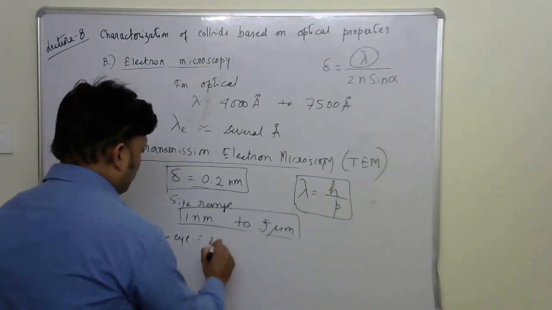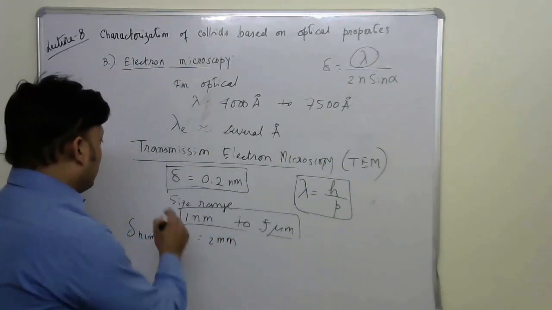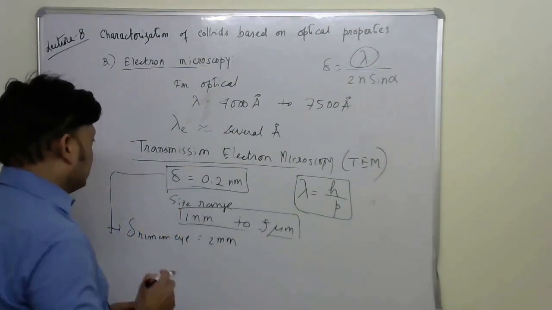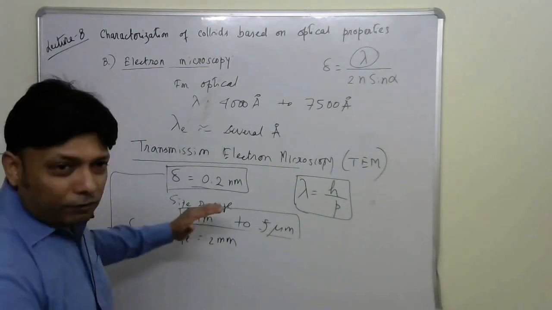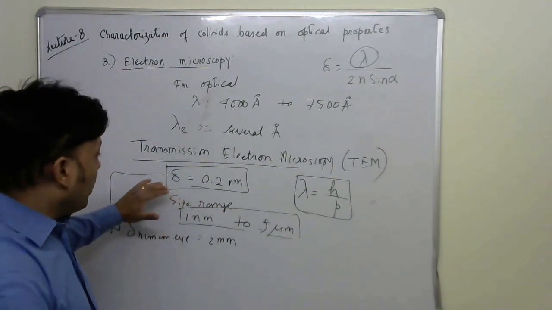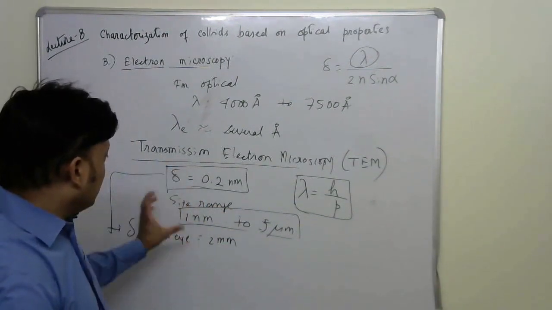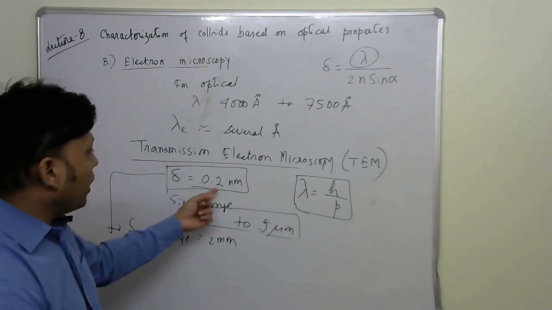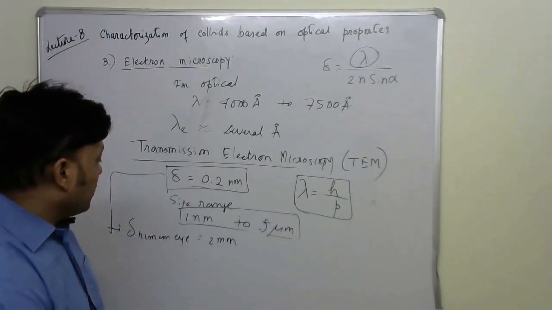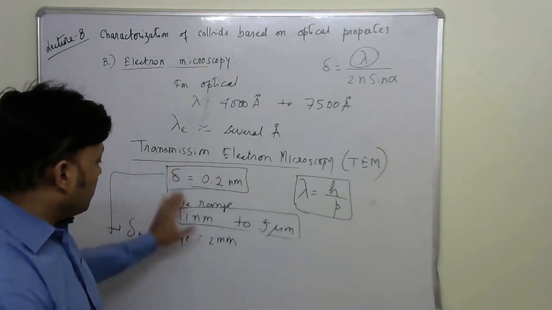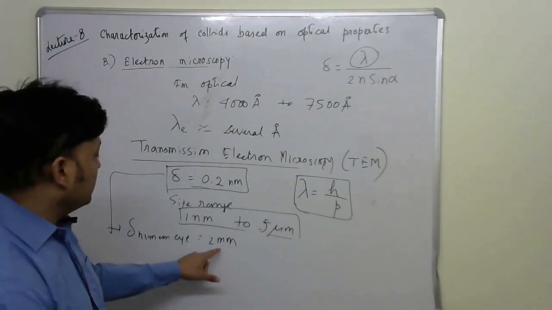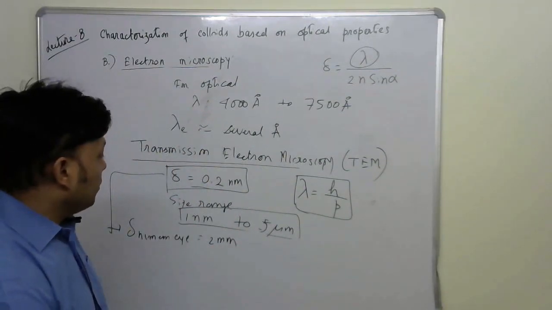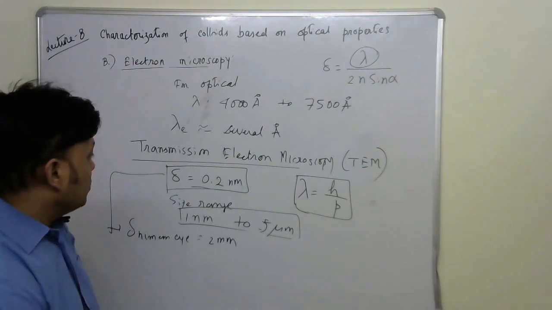If it is 2 millimeter, then you can do the math of what kind of magnification you require to visualize a distance separated by 0.2 nanometer in electron microscopy to be observed by a human, which is with a 2 millimeter resolution limit. So you may need to do the math.